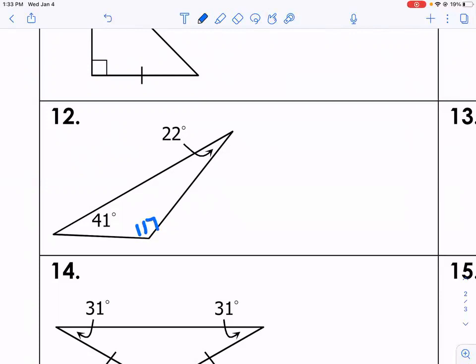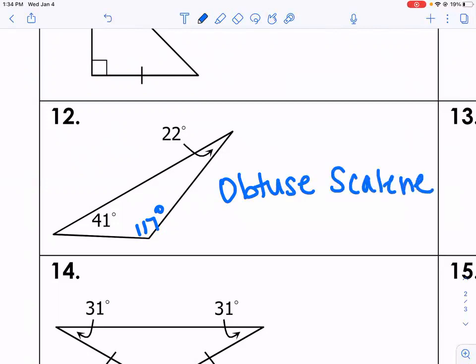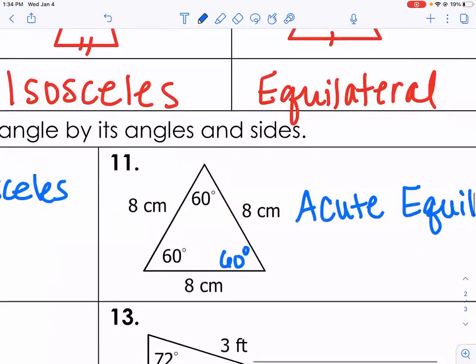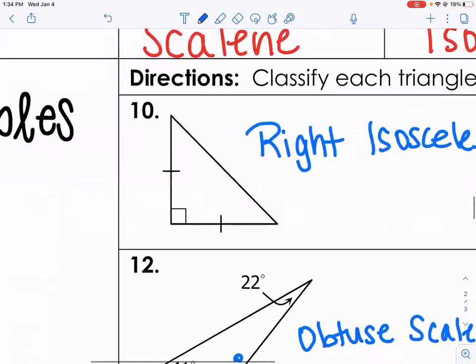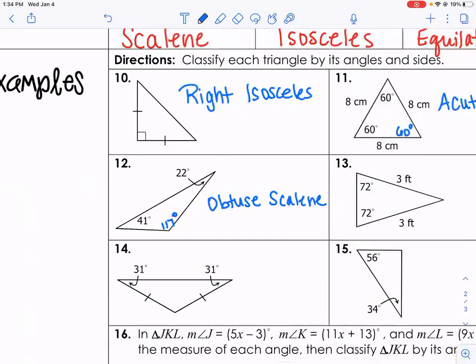Because it's big, that angle is an obtuse angle. So this is an obtuse. How do you know it's scalene? There is nothing marked here about any sides being the same. If sides are the same, they'll either have measurements that you can tell they're the same, or these little tick marks saying, hey, these are the same.